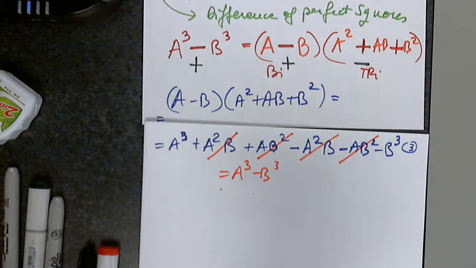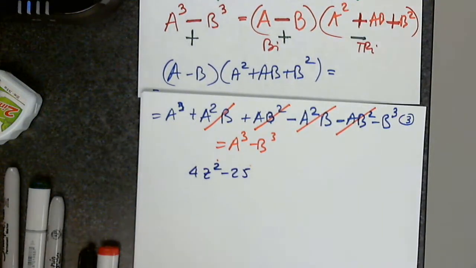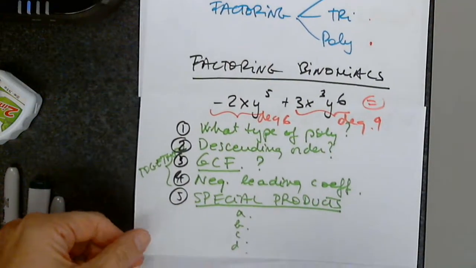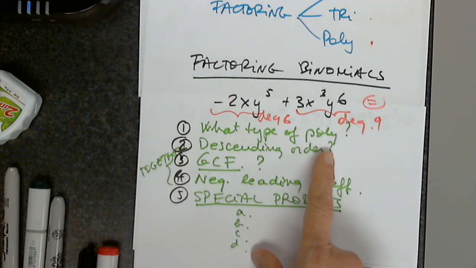So let's start with 4z squared minus 25. I have to go through all these steps. I cannot jump, because if I do jump, in certain situations, I make my life more complicated. Okay. What type is it?